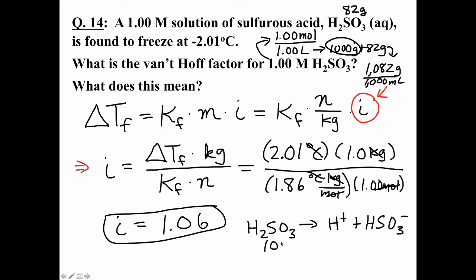So if we had, let's say, 100 H2SO3 molecules, about 6 of them would dissociate, and that would form 6 H+ and 6 HSO3-, and that would leave about 94 H2SO3s that didn't dissociate. So this is a measure of percent dissociation, and this is something that we will deal with in future chapters a fair amount.